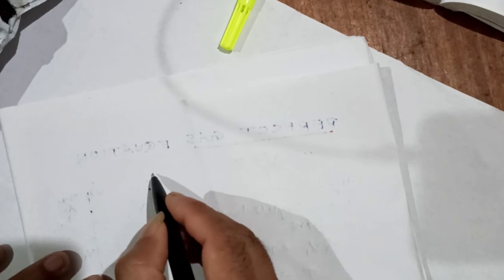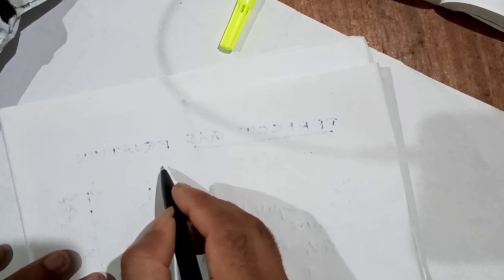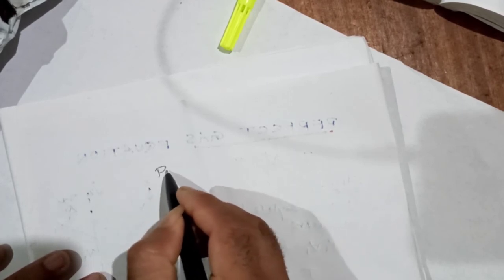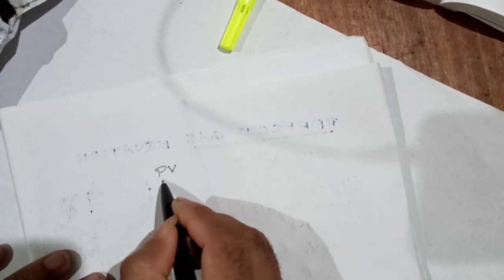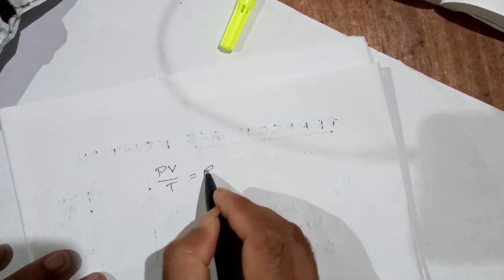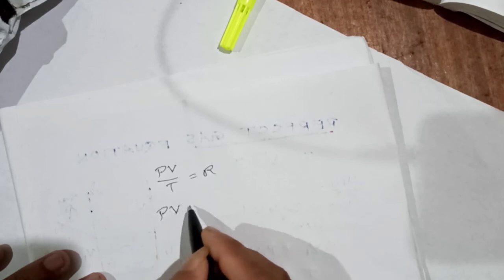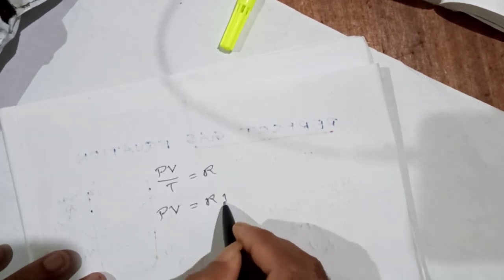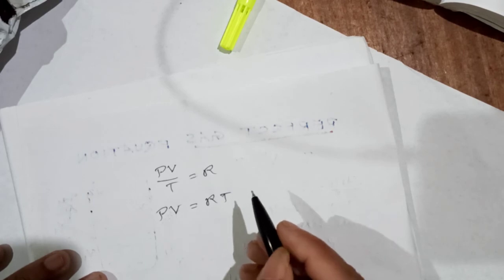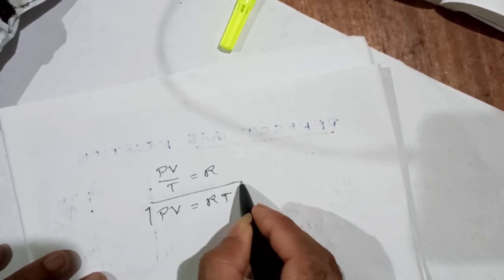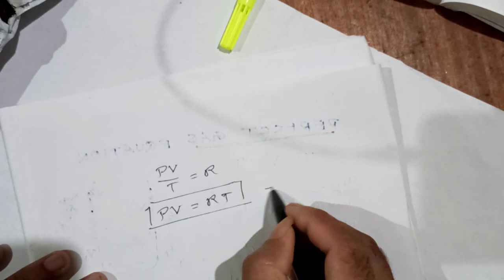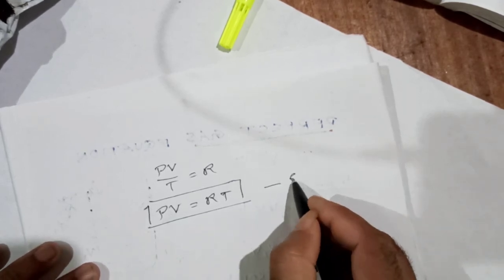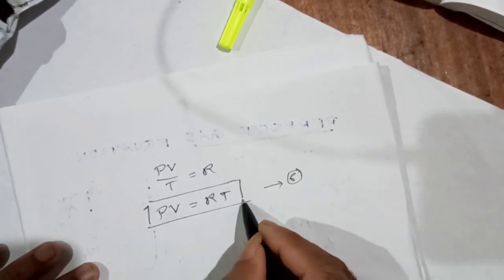In the next page I shall rearrange like this: PV by T equal to R, PV equal to RT. So this is the final gas equation. I think it is equation number 6. This is the final gas equation.